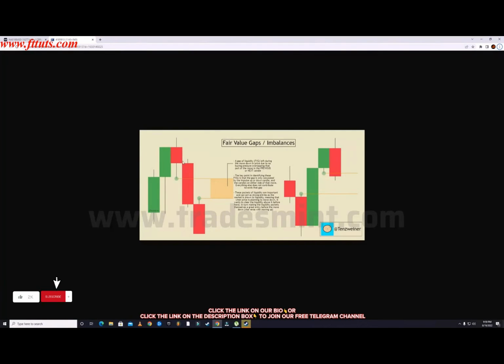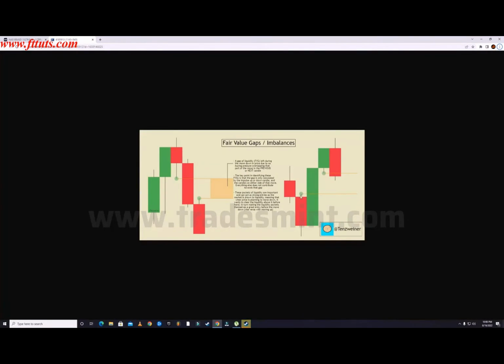All right. So if we look at the buy example here, we look for the high of the first candle and the low of the third candle. So this is again a three candle formation. Remember that 1, 2, 3. We're looking at a buy example, so the high of the first candle and the low of the third candle, we have to look for these two things.